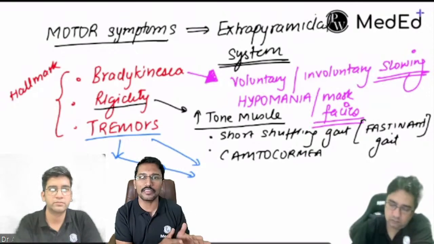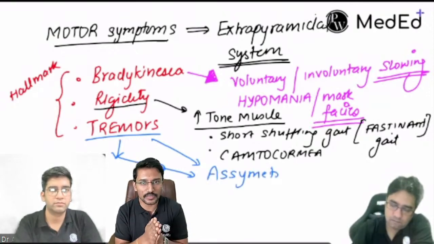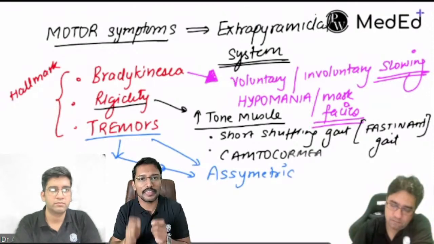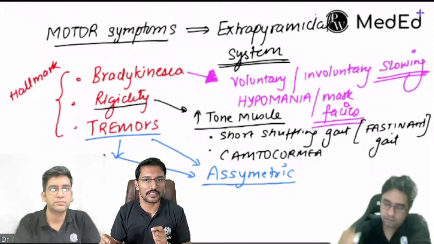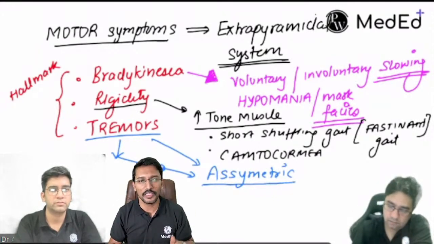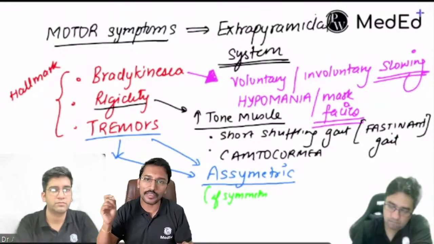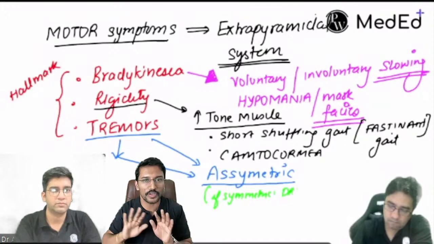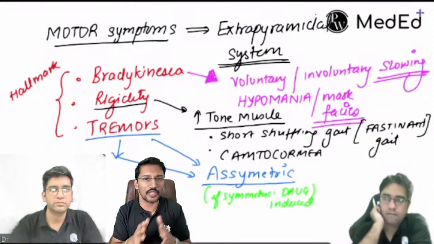Symmetry goes against the diagnosis of Parkinson's disease. So if I have someone who has tremors, which is pill rolling, but perfectly symmetrical, I would rather think of drug-induced Parkinson's disease, because drug won't differentiate between your right and left substantia nigra. But the neurodegeneration will probably start on one side and then eventually involve the other side. So that is a potential clue to differentiate between drug-induced Parkinson's disease and the true idiopathic Parkinson's disease.